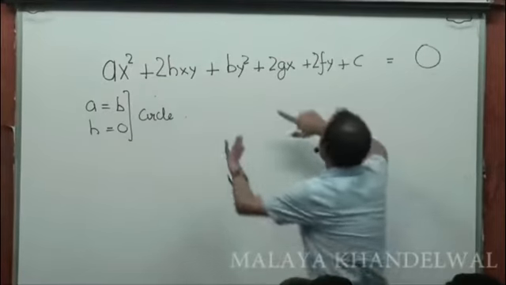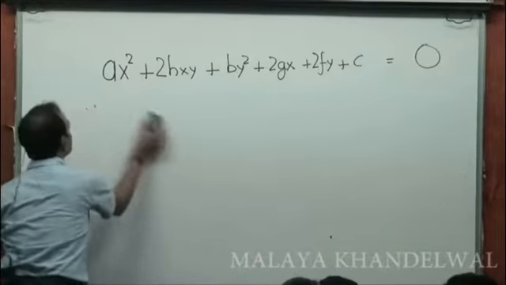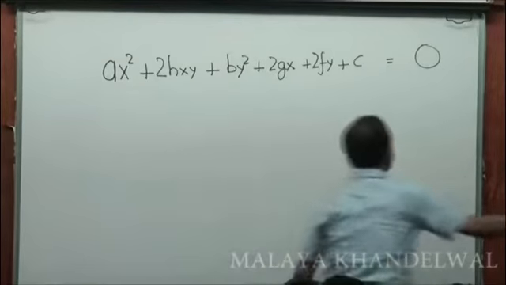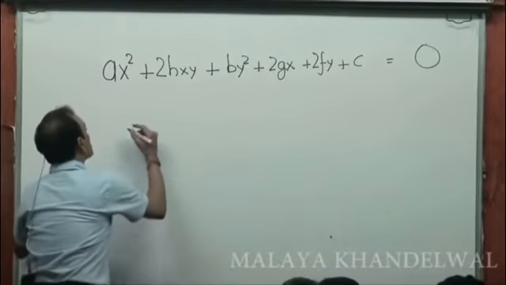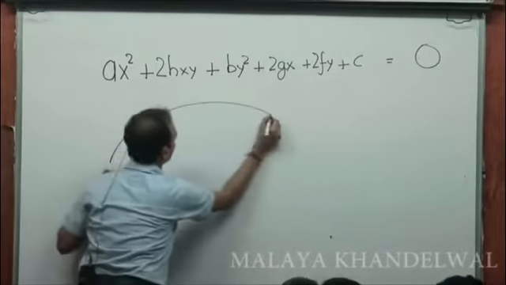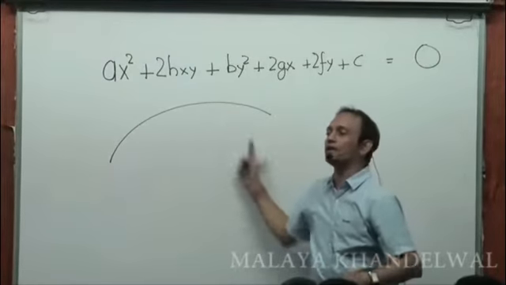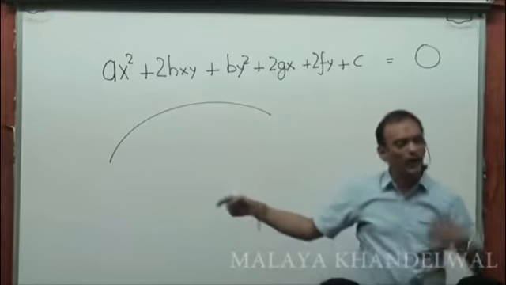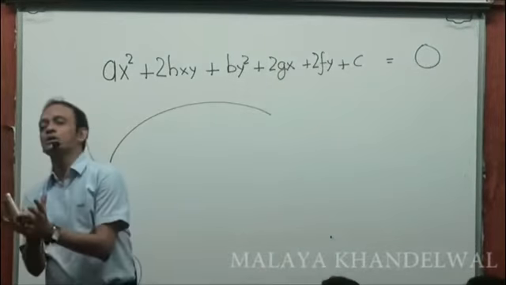So suppose this represents some second degree curve. It could be a circle or a parabola or an ellipse or a hyperbola. Suppose this represents a second degree curve, and this is part of a second degree curve that this represents. It could be part of a circle or an ellipse, hyperbola, parabola, whatever it be. I'm keeping some things in the black box.